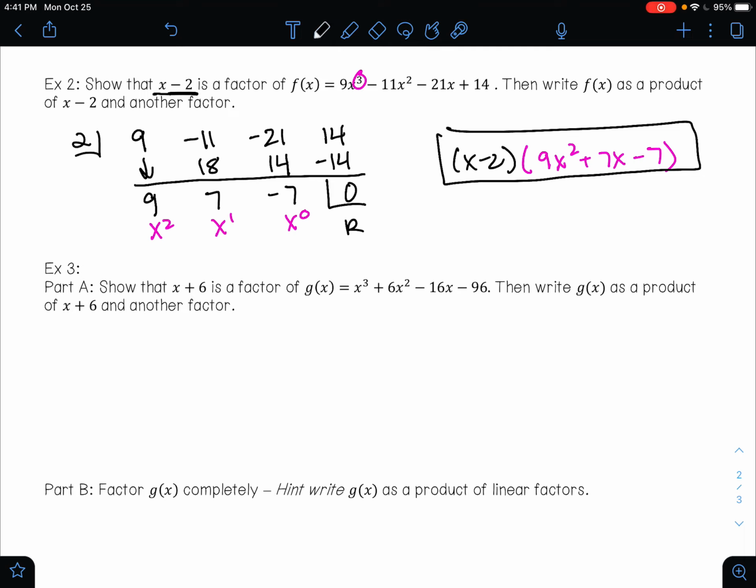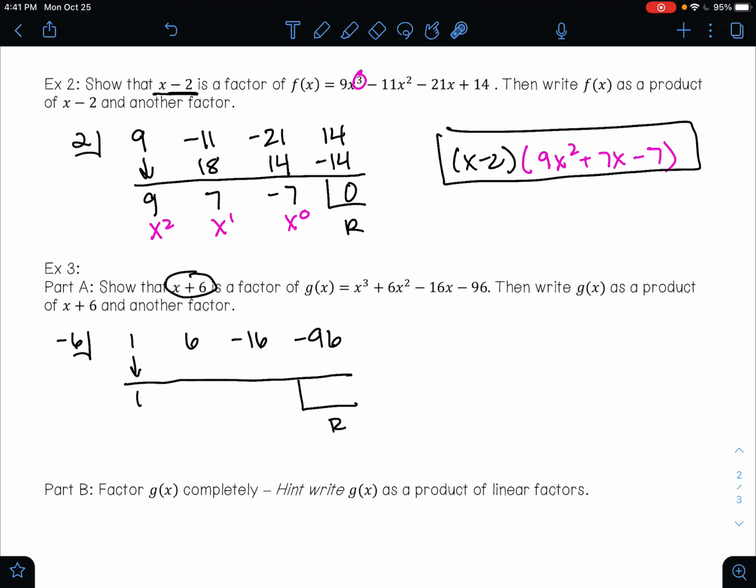So my coefficients, I should say, are 1, 6, negative 16, and negative 96. If I want to divide by x plus 6, then negative 6 is going to go up here. And then whatever I get here will be my remainder.